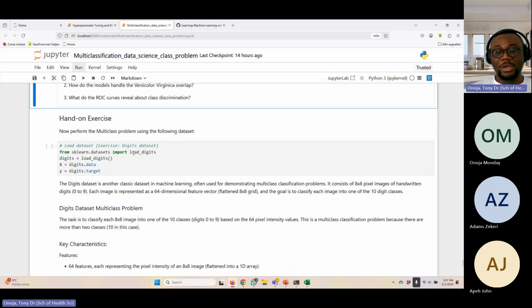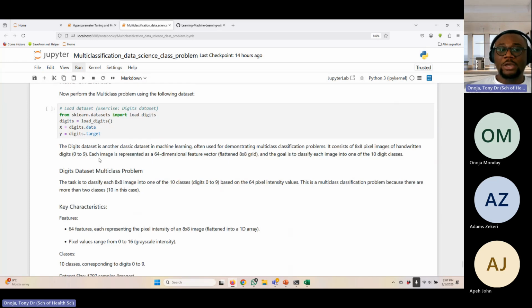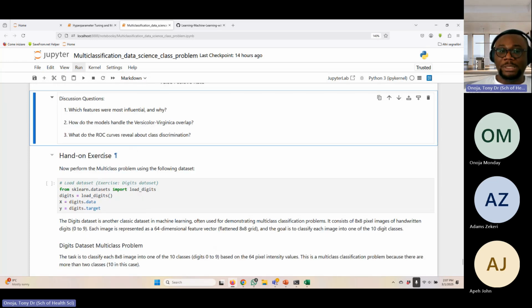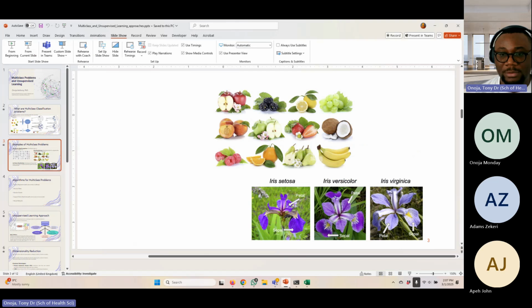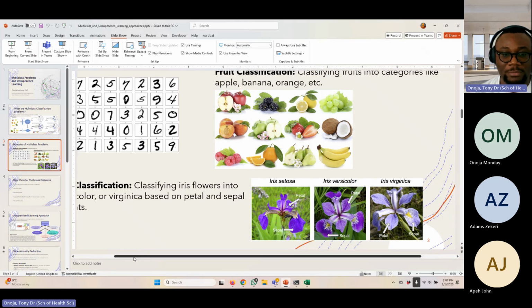Then in the next class, we could discuss this exercise from your findings. So you will replicate the same Jupyter notebook that we have done, but in this case, we are going to focus on the digits dataset problem. That's this dataset here.